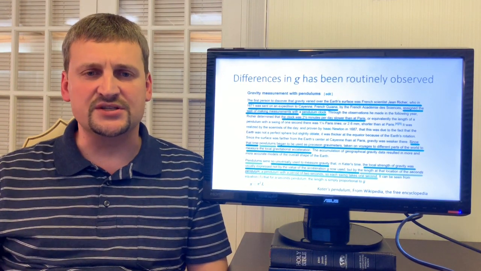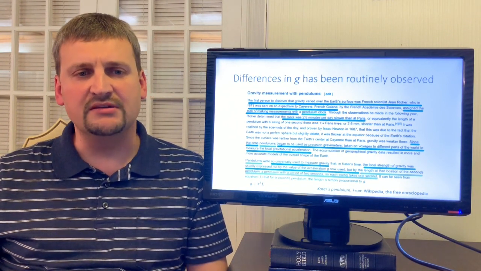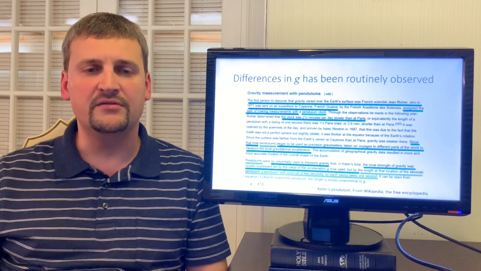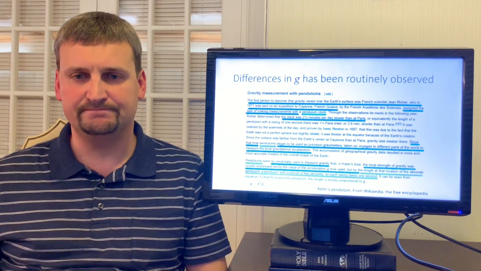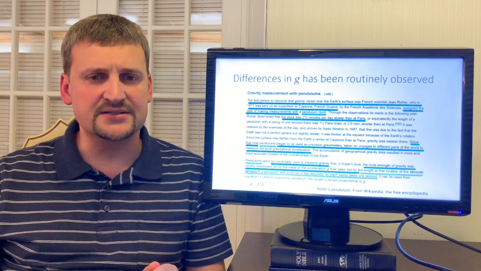Through the observations he made in the following year, Richer determined that the clock was 2.5 minutes per day slower than at Paris. Let's skip down to the next underlined sentence.